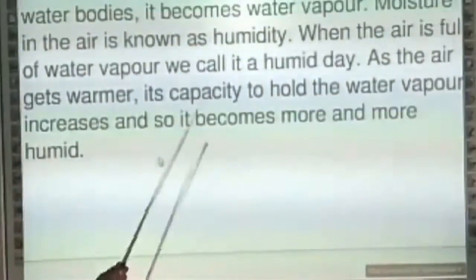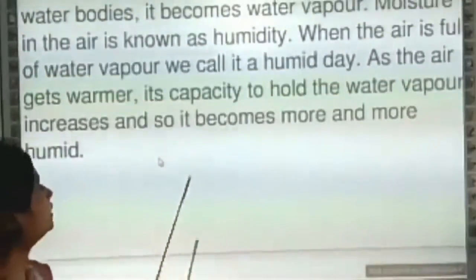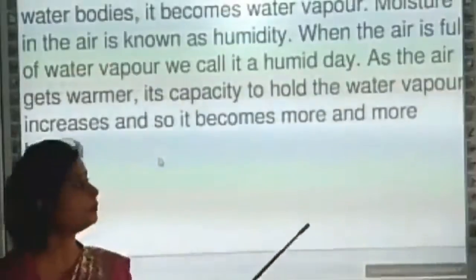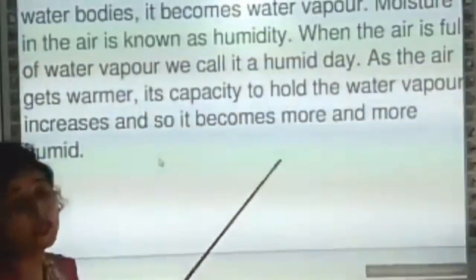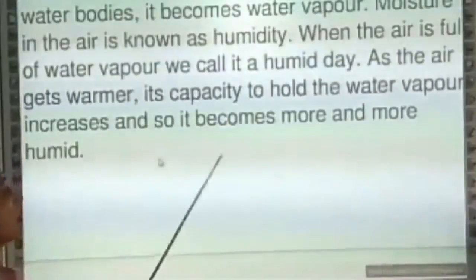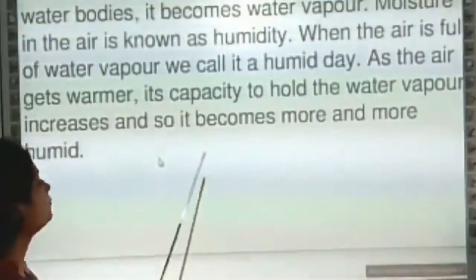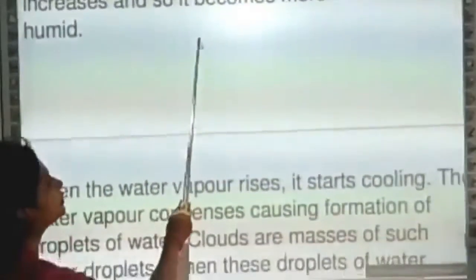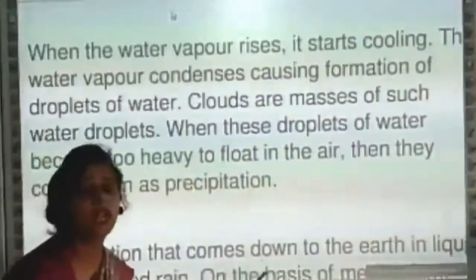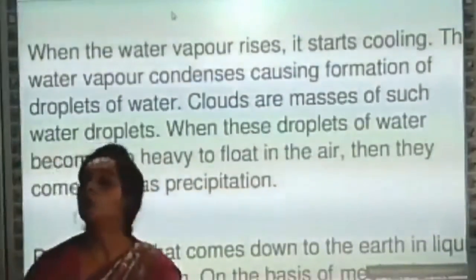When the air is heated, it holds water vapor very easily, so the amount of water vapor in the air increases and it is more humid. In the cloudy, rainy season, the weather is humid because of water vapor.